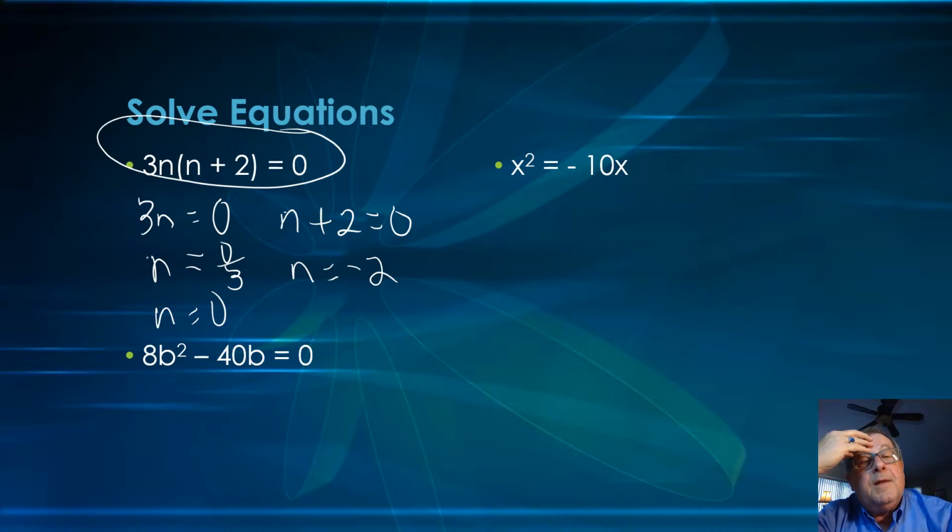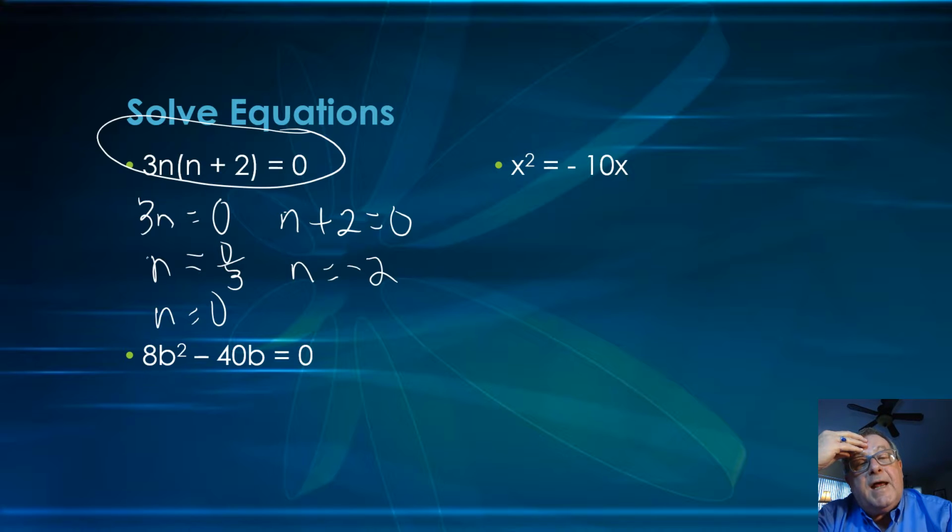If I put in 0 for n, well, 3 times 0 is 0. And even though 0 plus 2 is equal to 2, well, 0 times 2 equals 0. So when n is 0, the whole equation is true. Now what about when n equals negative 2? Well, in that first factor, if I multiply 3 times negative 2, I get negative 6.